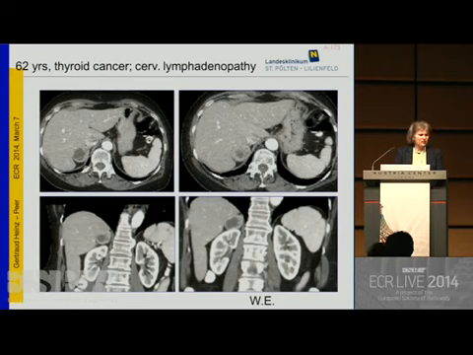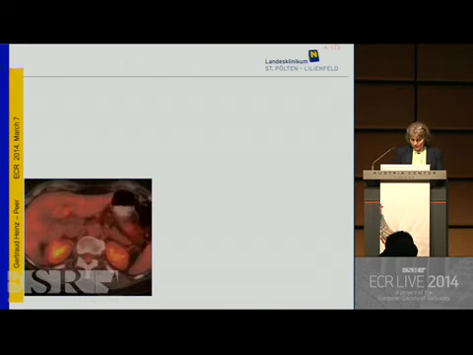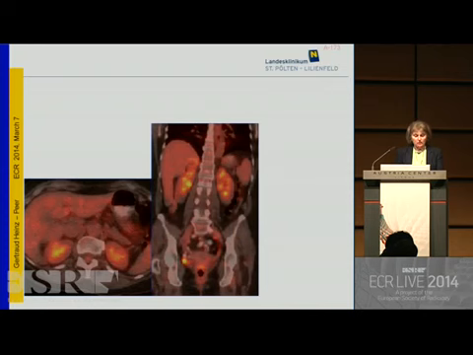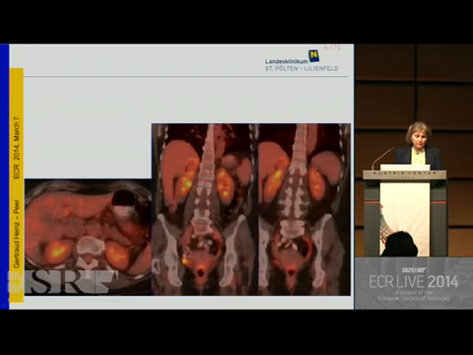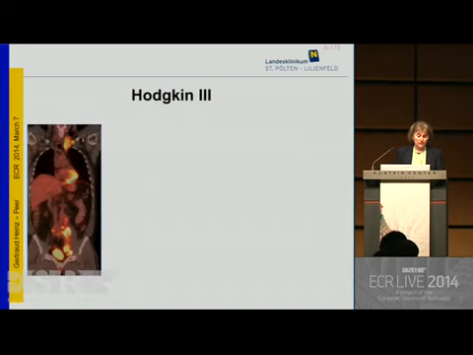It doesn't really look benign from the conventional CT images. We performed PET-CT, and there was a little bit of tracer uptake, but just a little bit higher than the liver, and it was initially diagnosed as indeterminate. However, it proved to be an adenoma.